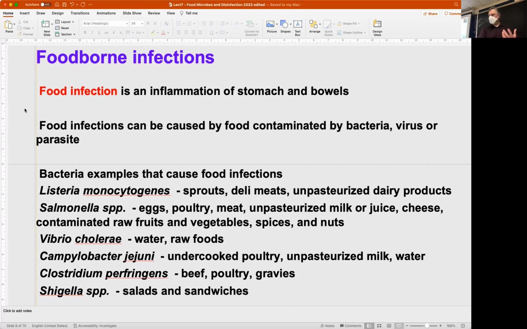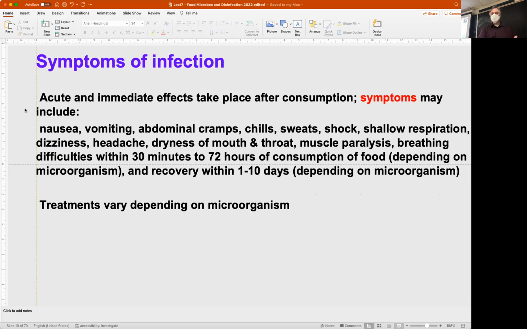If you have the live bacteria in your food and you process food, you can pass the live bacteria to other people because it's in the food. Symptoms of infection include nausea, vomiting, cramps, chills, all kinds of symptoms.